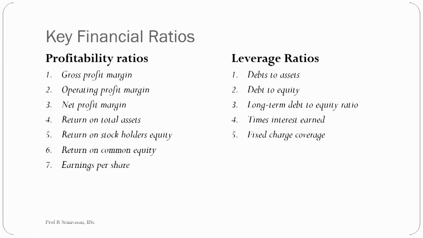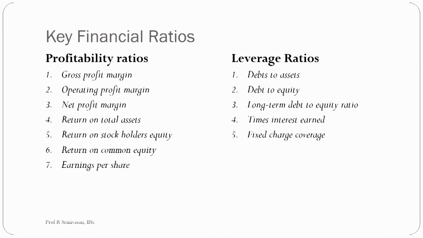So, what is the difference between the gross profit margin and the operating profit margin? If you look at the gross profit margin, you are looking at the sales minus the cost of goods sold in the numerator.